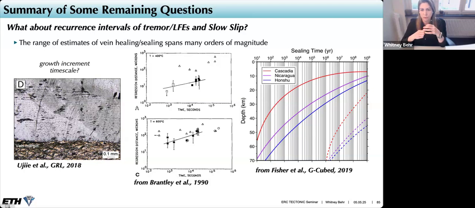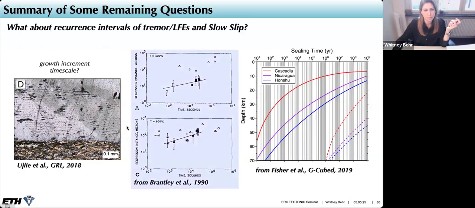And this has been looked at for minerals like quartz, both theoretically and experimentally. But unfortunately, I think there are really large uncertainties depending on what kind of method is used. For example, this plot in the middle shows a suite of laboratory experiments on quartz conducted many years ago by Susan Brantley and others at 400 to 500 degrees C. The x-axis is showing time, and the y-axis shows regression distance in microns, which you can think of as equivalent to precipitation.